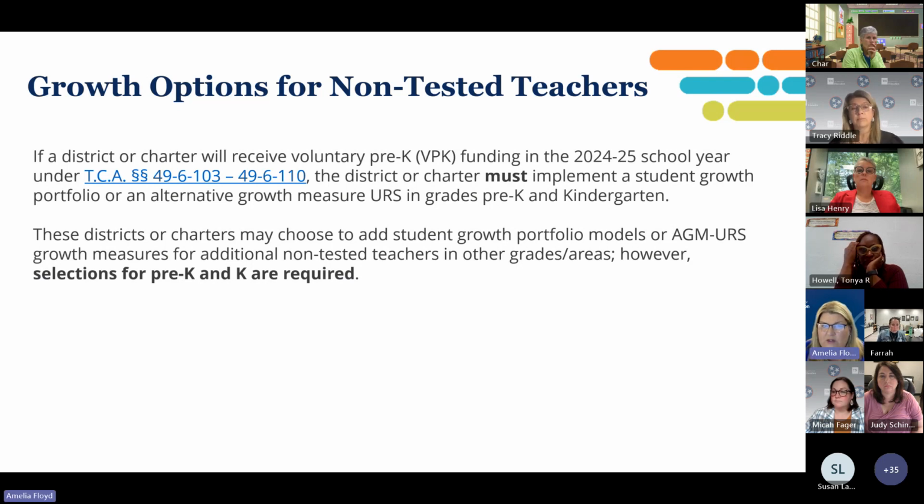So if your district or charter receives voluntary pre-K, you have to do a portfolio or a URS, an AGM, in pre-K and kindergarten. You may choose to add additional growth portfolios or AGM grades, but you are required to do it for pre-K and kindergarten. You don't have to implement other grades, but you can. If you get VPK money, you must do it for pre-K and kindergarten.